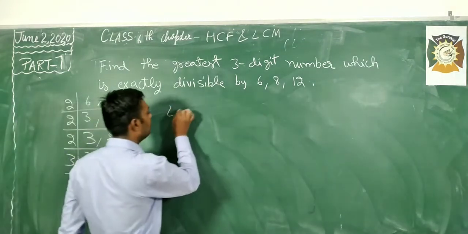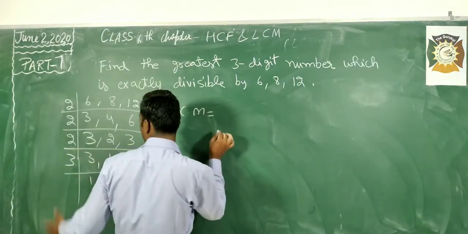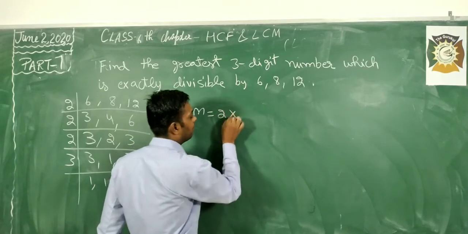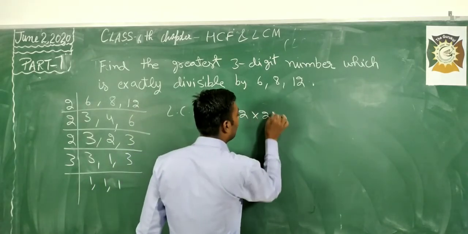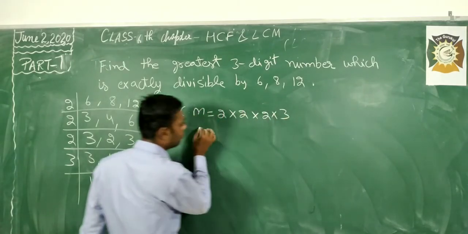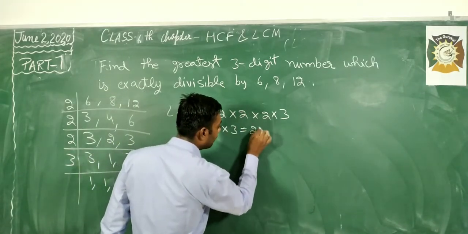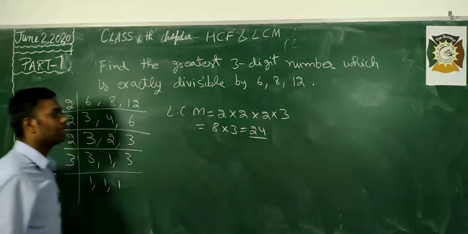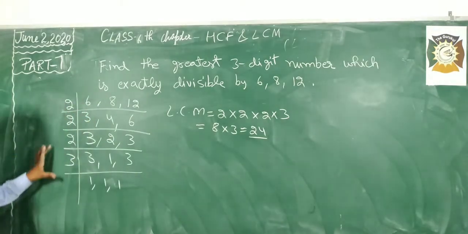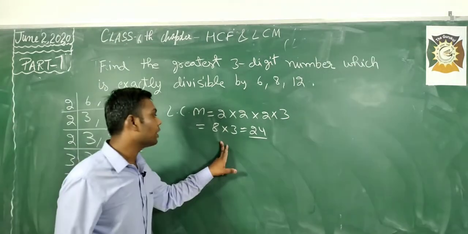And the LCM of these three numbers is 2 multiply 2 multiply 2 and last 3, that is 8 into 3, equal to 24. The LCM of these three numbers is 24.